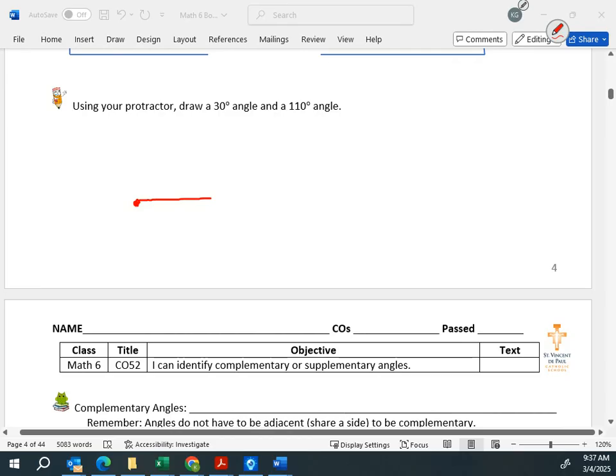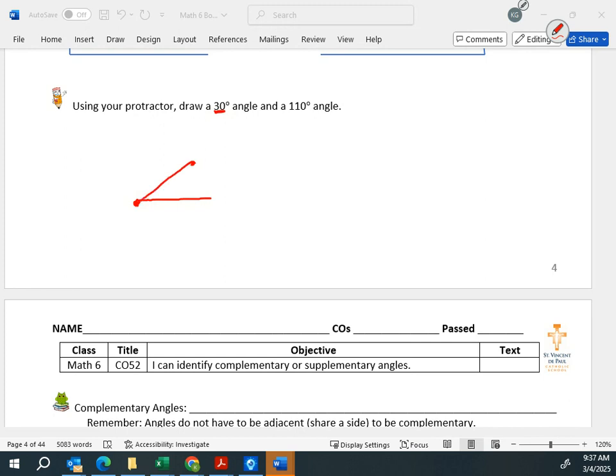Now I'm going to put my protractor on it and say, okay, I want it to be 30 degrees. I see right up here is my 30 degrees. And I'm going to draw a little dot where the 30 degrees was. What do you think my last step is going to be? Yeah, I'm going to draw that top line, from the dot where 30 degrees was, and connect it to the vertex.